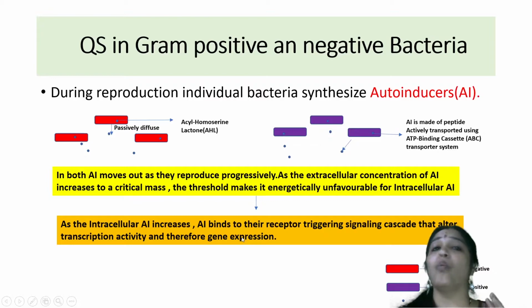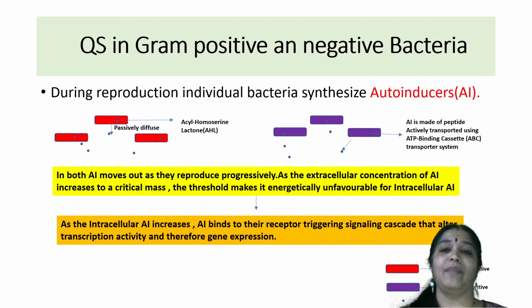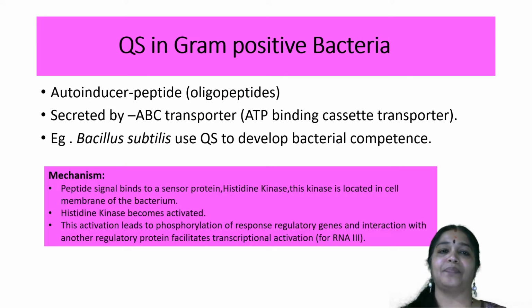So see how important it is for a particular gene to be expressed and carry out a function. The quorum is very important. Quorum sensing is very important in these microbes, be it gram-positive or gram-negative bacteria.